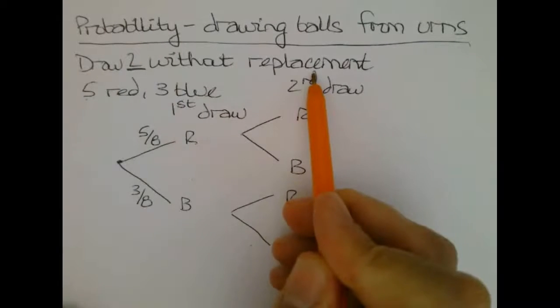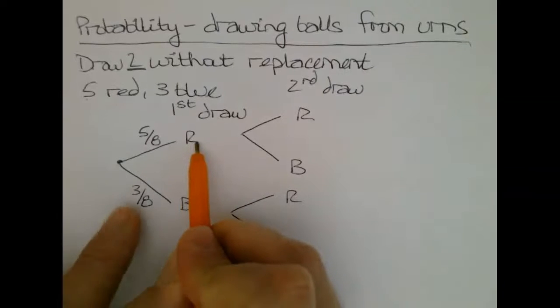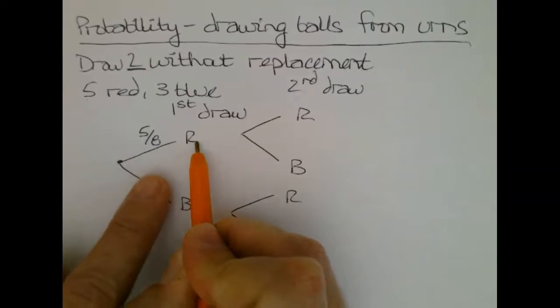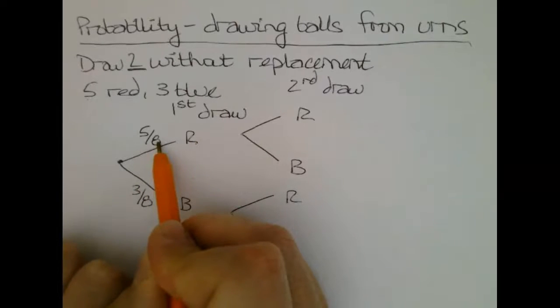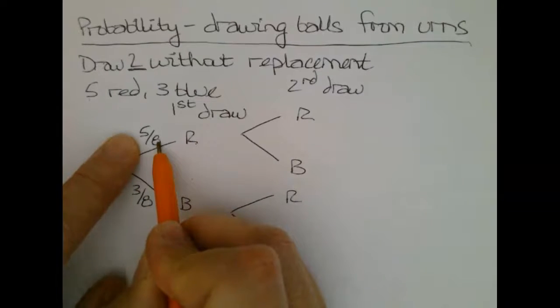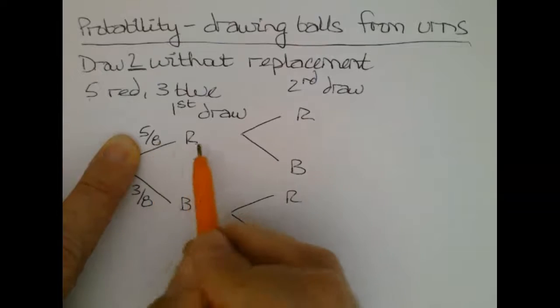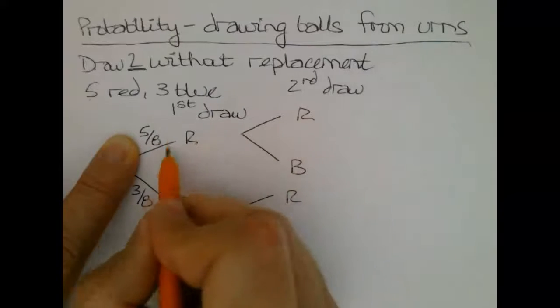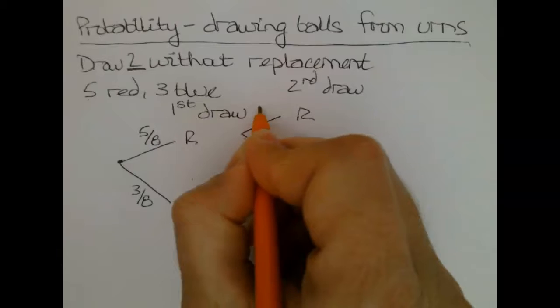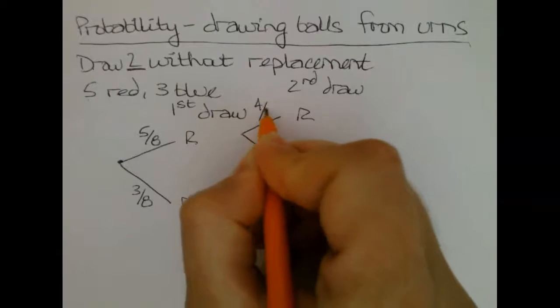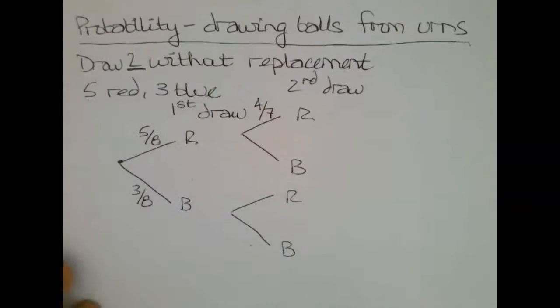And I'm going to put probabilities again with each branch. I'm drawing without replacement. So if I got red on the first draw, that means after the first draw, there's only 7 paper clips left in my pile, and only 4 of them are red. We always make the second draw assuming that we got what we wanted on the first one. So 4 red ones left out of 7 in the pile.